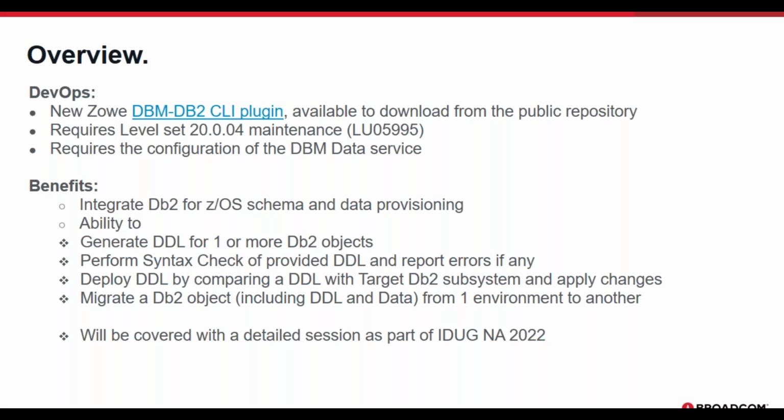That's the colored text that you are able to see. Once you get that PPT, you can see the link that is hyperlinked. This plugin requires the level set PTF, which is the same PTF number that I was talking about just before as well. And it requires the configuration of DBM data service too, in order to use this CLI plugin.